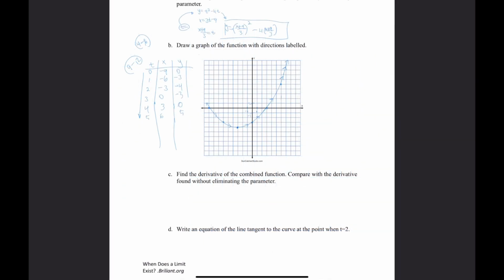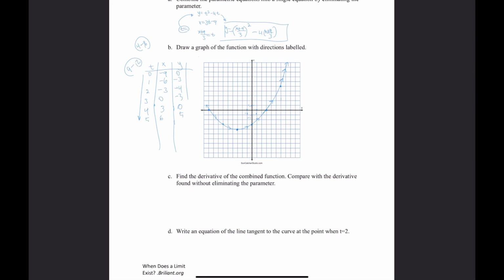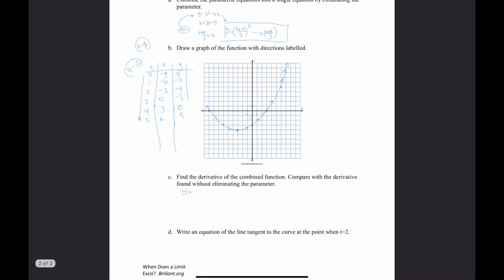Okay, so for part C, we're going to first take the derivative of the function found in A. That's actually going to be (x plus 9) squared all over 9, so we're going to say 2 over 9 times (x plus 9), and then minus 4 over 3, right?